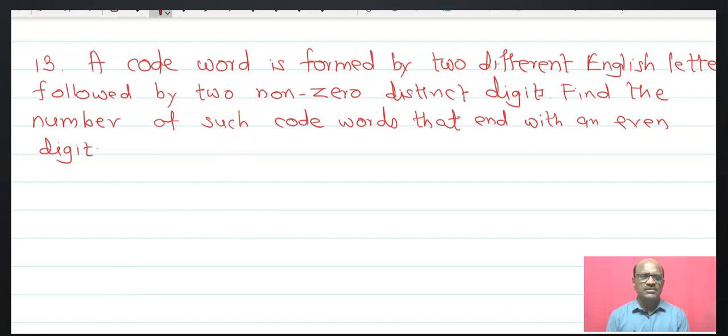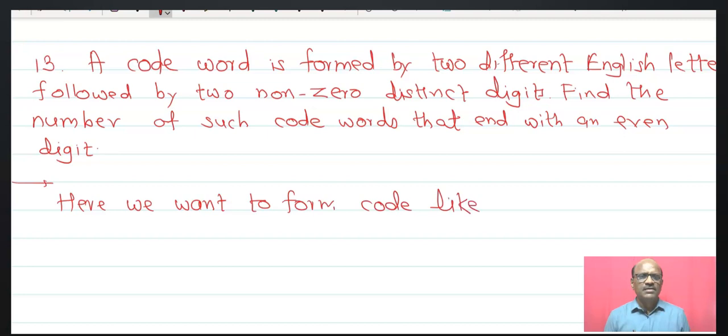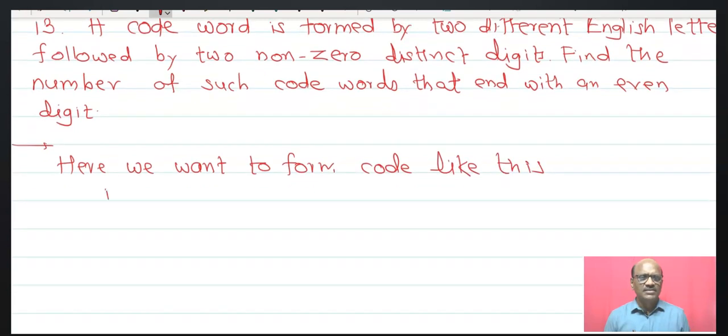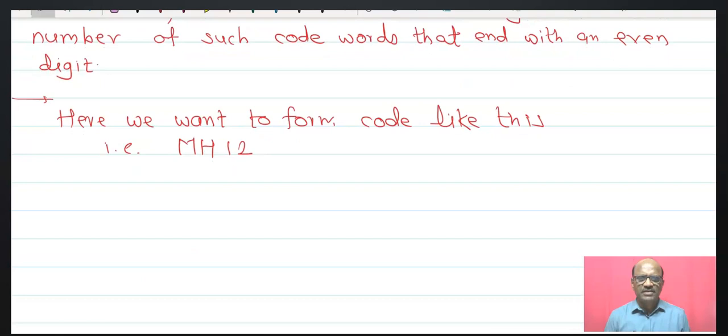Now see this here. Here we want to form the code like this. This is only for example. Suppose that it is MH12. These are the English letters, and they are followed by the numericals, non-zero numericals, for example the 12.